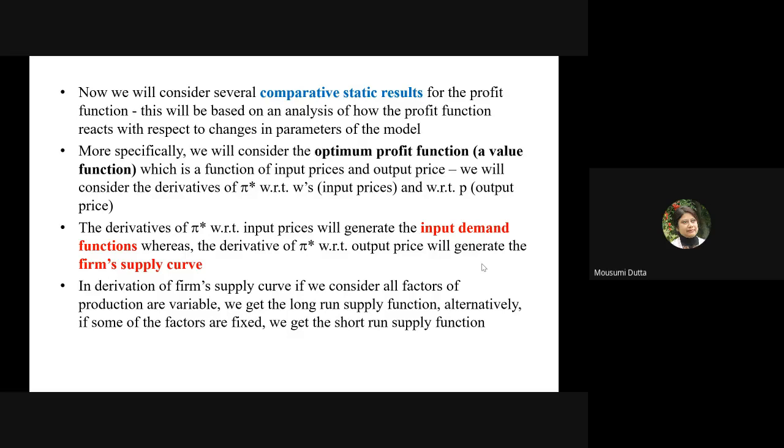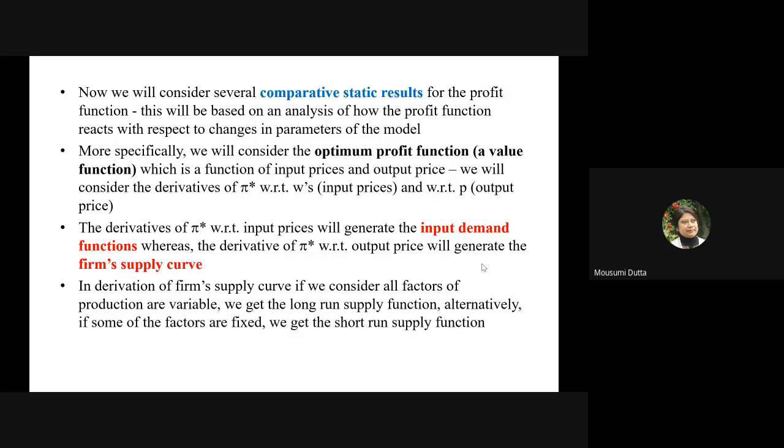The derivative of pi star with respect to input prices will generate the input demand functions, whereas the derivative of pi star with respect to output price will generate the firm's supply curve. So at this moment, I'll not be able to explain how these things are happening. When we reach a particular slide and go for the derivation, we will find this thing.